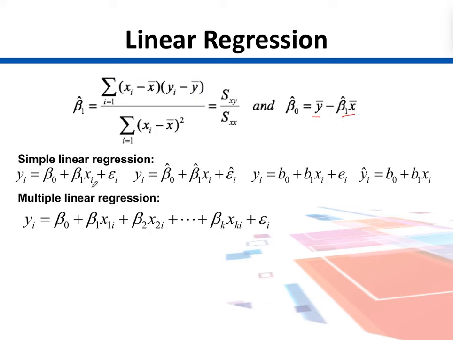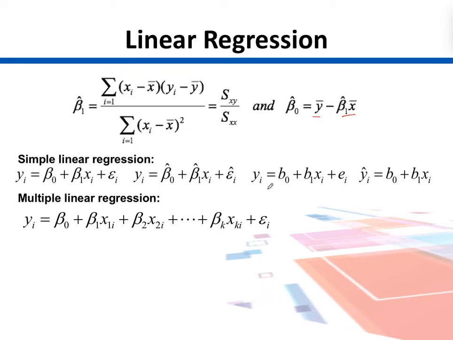In simple linear regression, we have one slope, beta 1, and one intercept. So beta naught plus beta 1 x_i plus e_i. In the estimated form, the model using Greek letters is beta naught hat plus beta 1 hat x_i plus e hat_i.